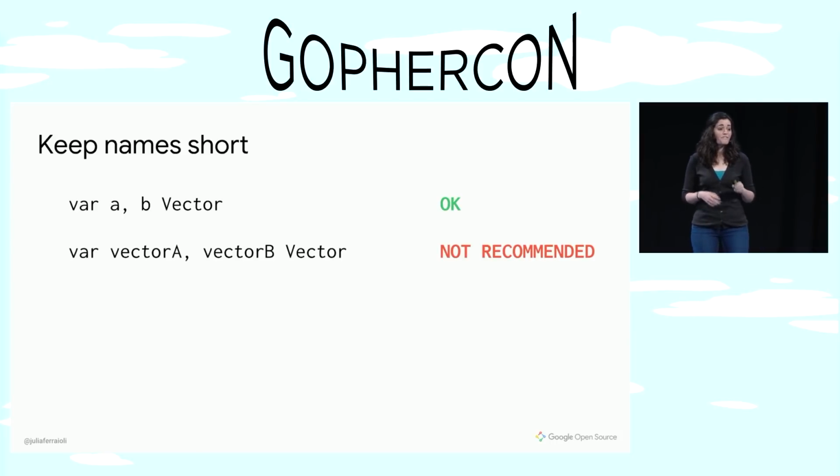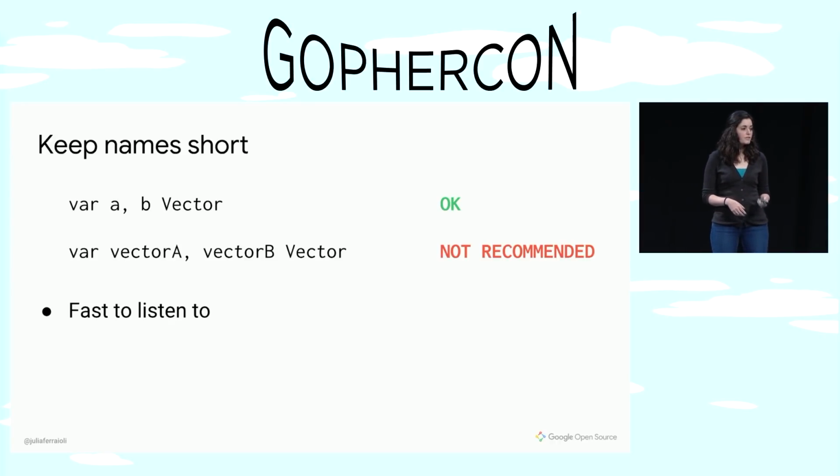Doing something like vectorA and vectorB is not recommended. And you could say, Julia, I'm putting context in the variable name itself. I'm telling you ahead of time that these are vectors. That way, when they're used, there's no confusion. OK, that has a little bit of merit. But it's redundant. If you're keeping your variables close to where they're used, this just adds extra information that you don't actually need.